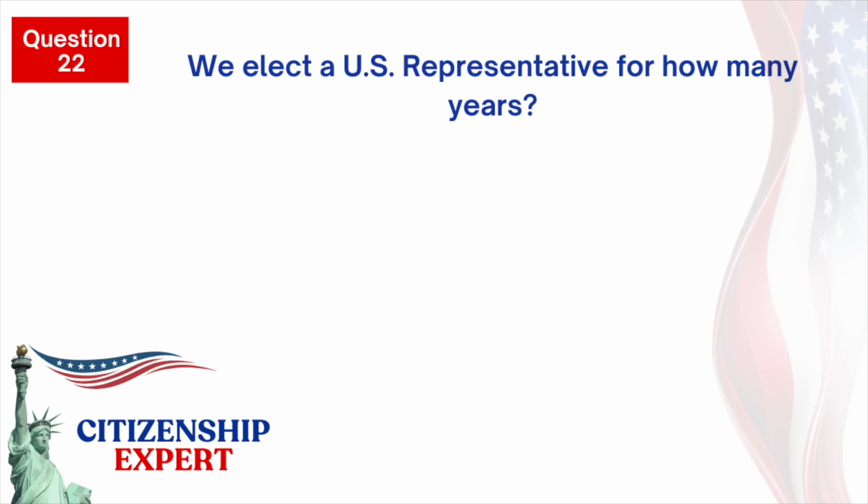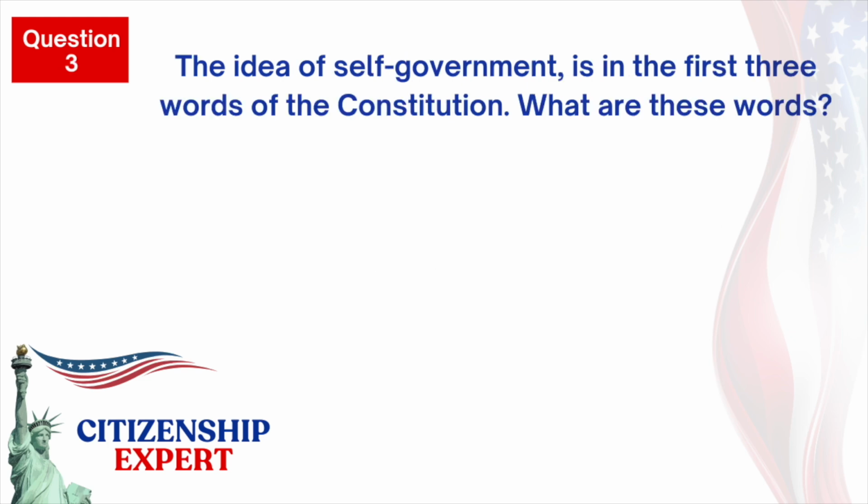We elect a U.S. representative for how many years? 2. The idea of self-government is in the first 3 words of the Constitution. What are these words? We the people.